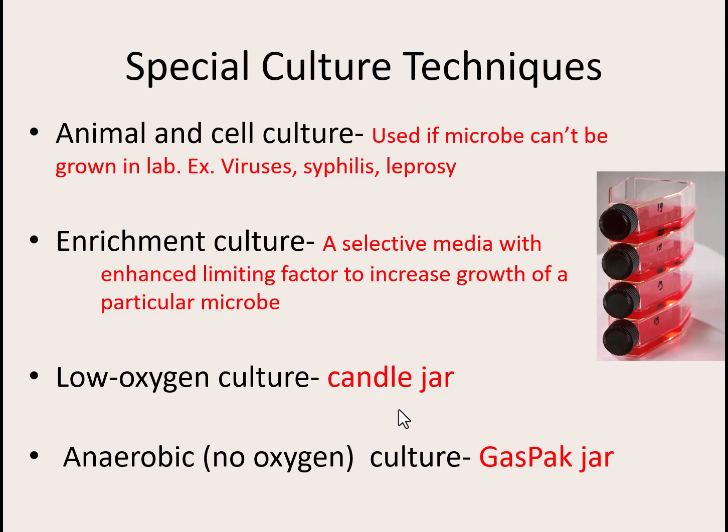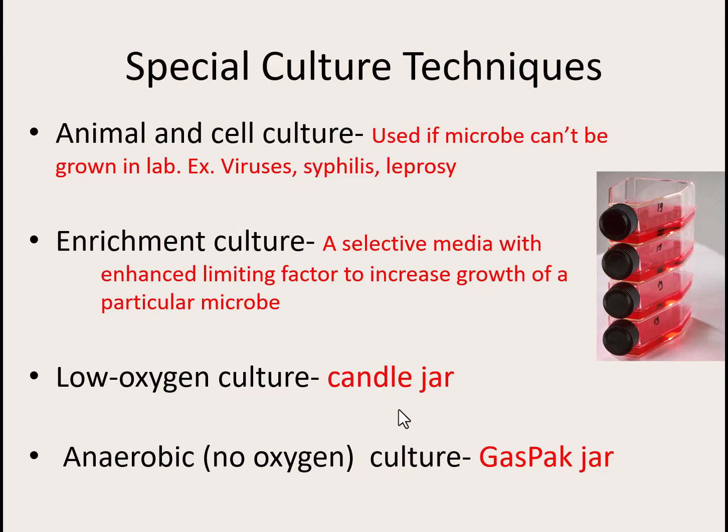So if we know an organism needs a very unique sugar to make it happy and to grow, we can add a lot of that one particular sugar. We can make sure that that bacteria has everything it needs, including that limiting factor, and we can try to grow that particular organism. So some organisms do have one specific nutrient that they really need to grow happily, and we can ensure that they have that in an enrichment culture.